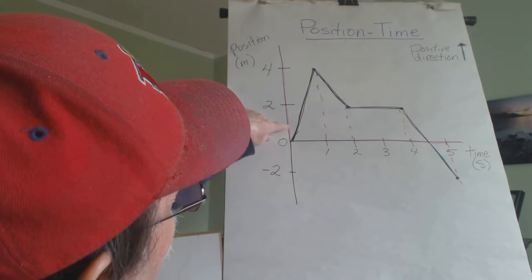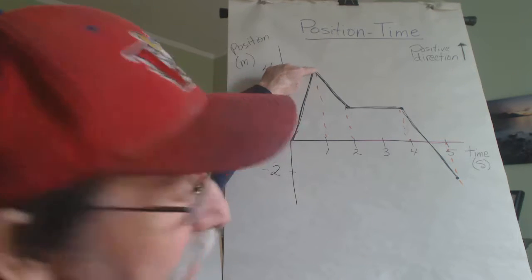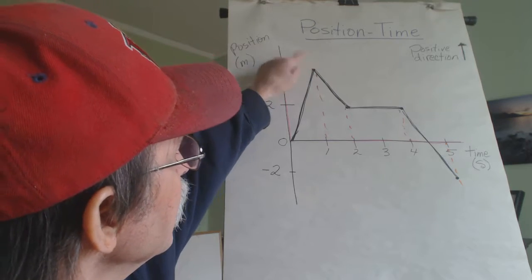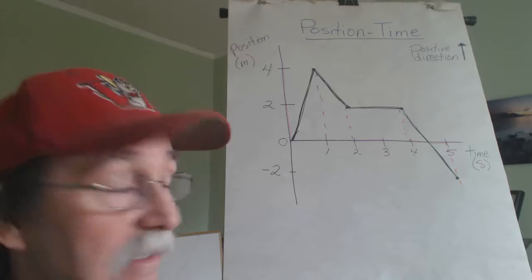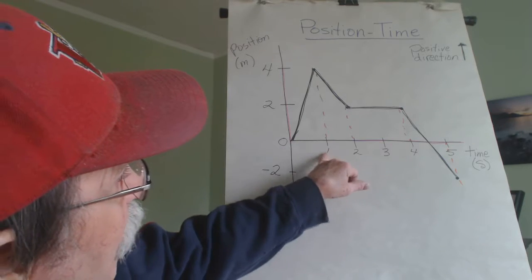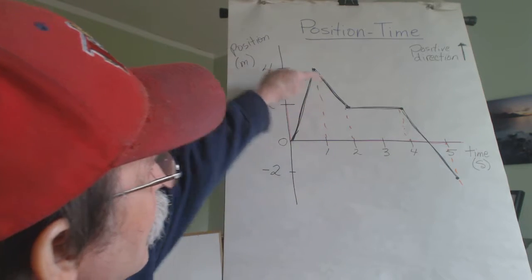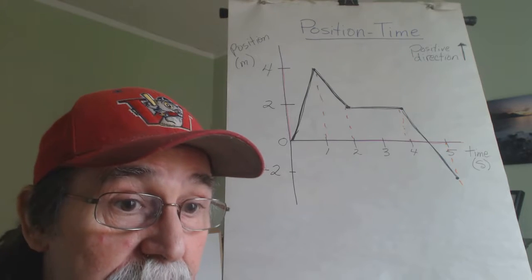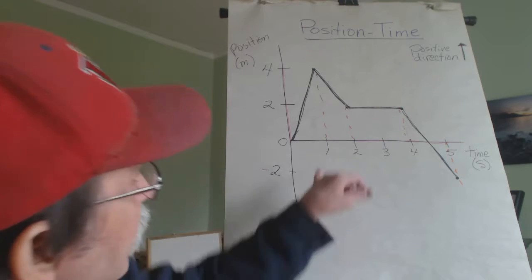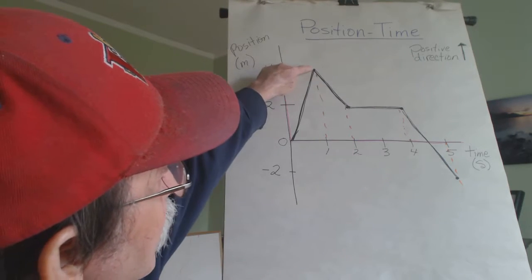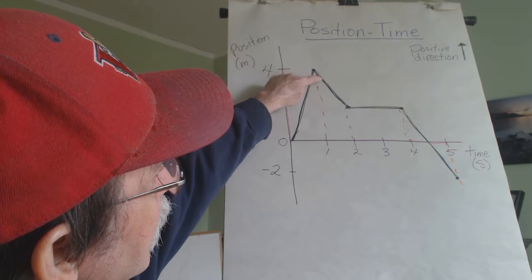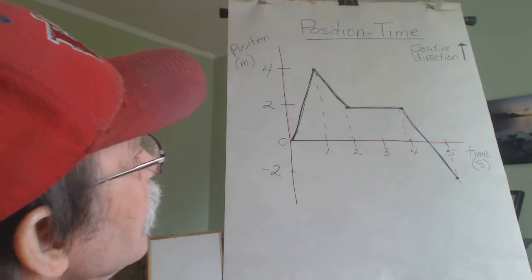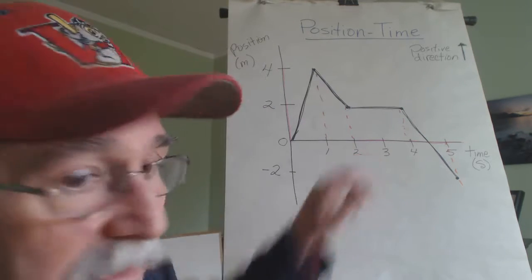It's going to travel 4 meters at a constant speed or velocity, and it's going to go that far in 1 second. So in a matter of 1 second, that particle moves 4 meters. After it goes to the 4 meter mark, it turns around and it comes back to the 2 meter mark, and it takes 1 second to do that.